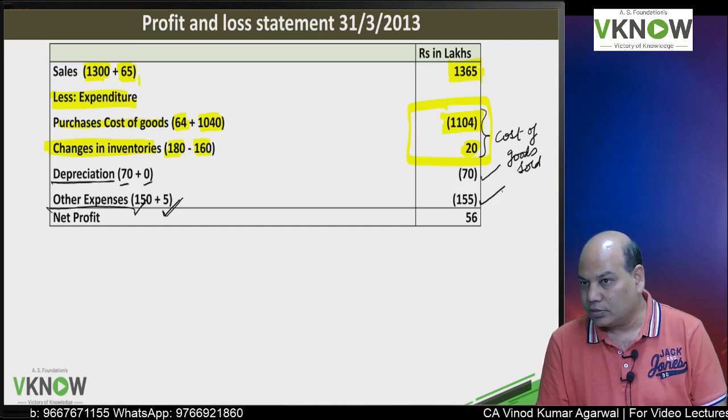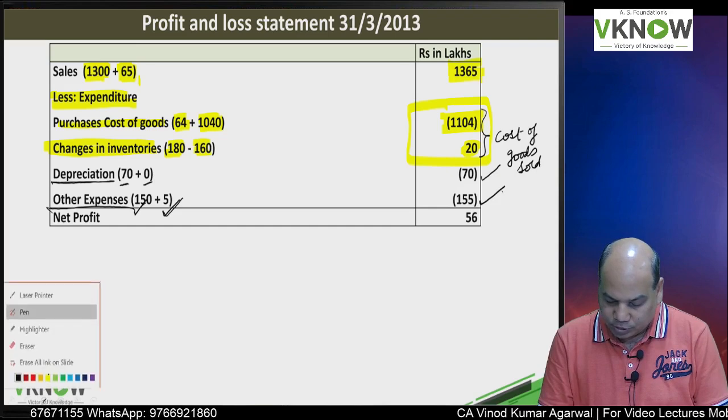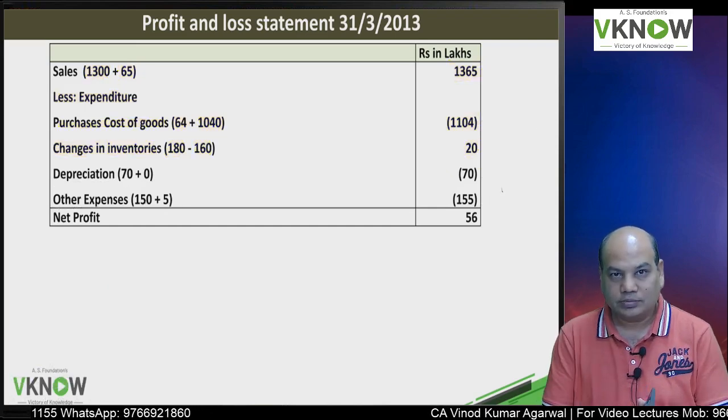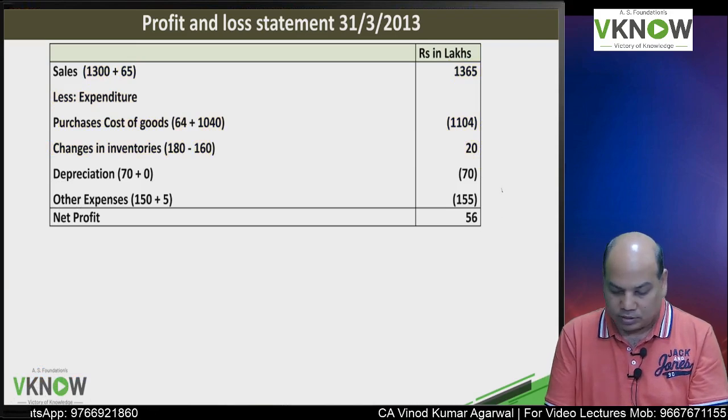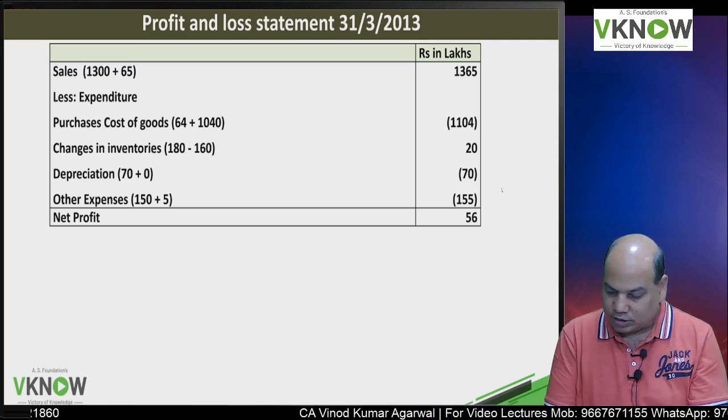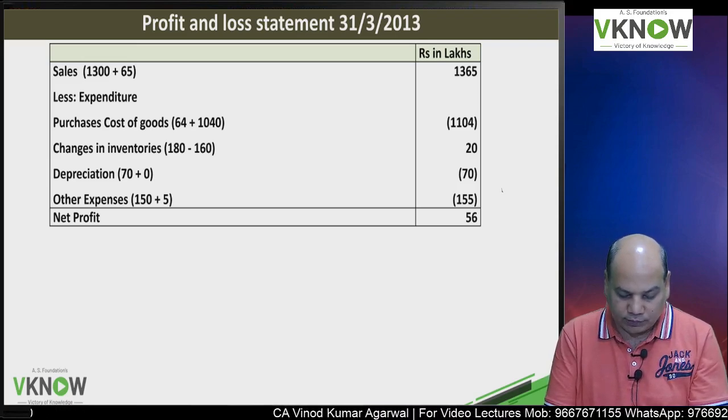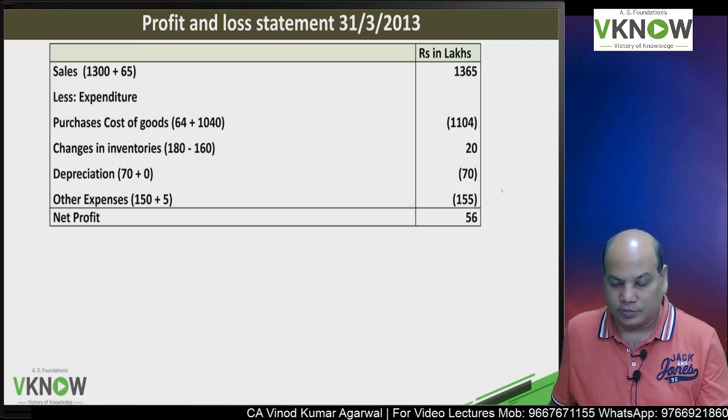Therefore net profit, take your calculator, type 1365 minus 1104 plus 20 minus 70 minus 155 is equal to 56.